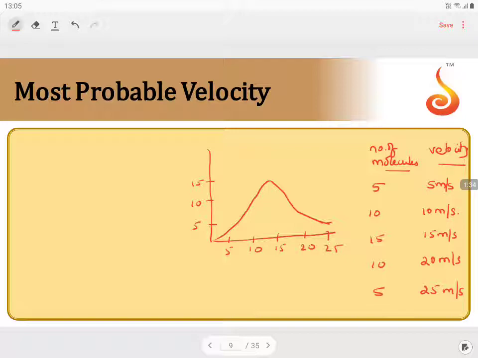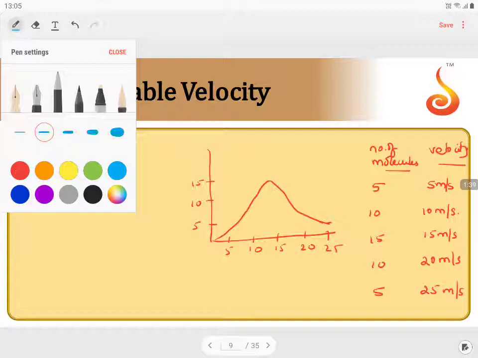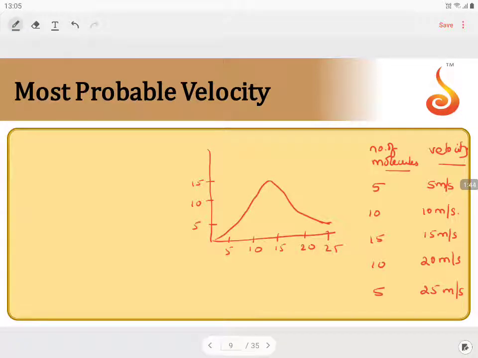Now when you are taking this graph, we will be reaching to a point, graphically this is the point. And this is the point where we are talking about. If I am taking this into consideration, at the peak of the curve, this is the maximum number of molecules.